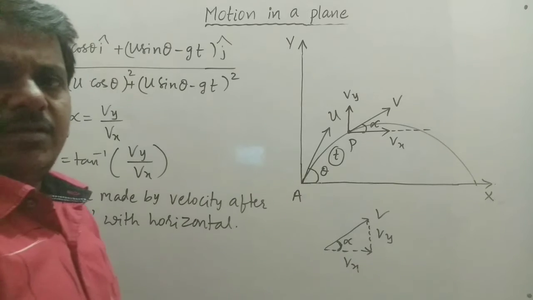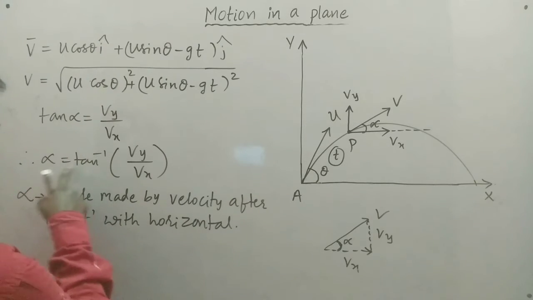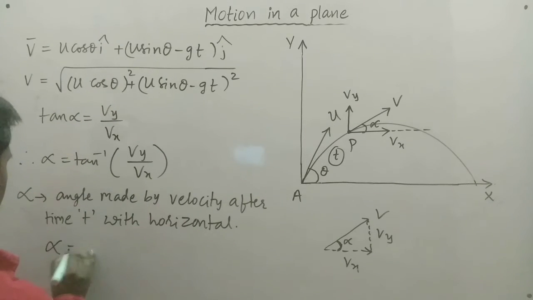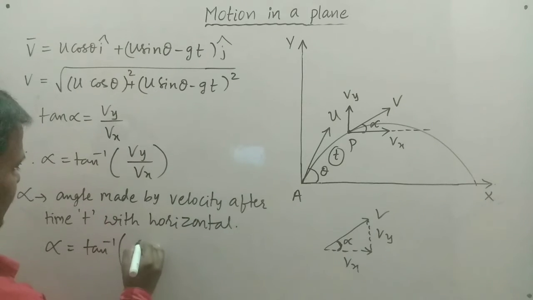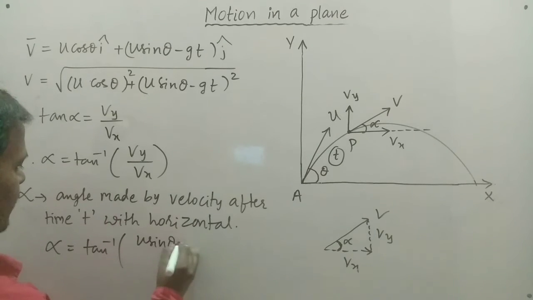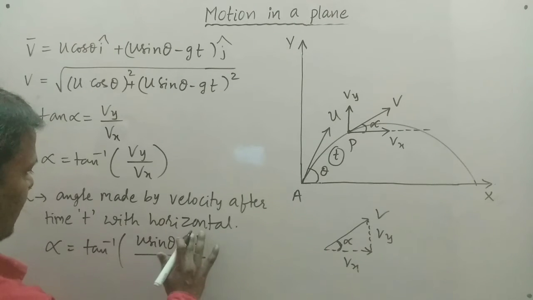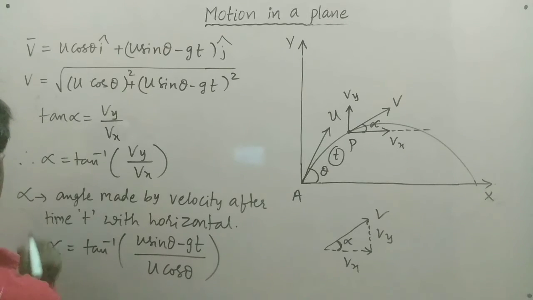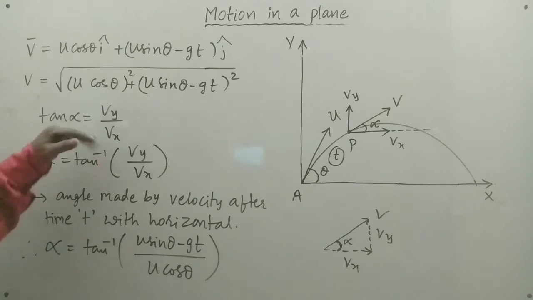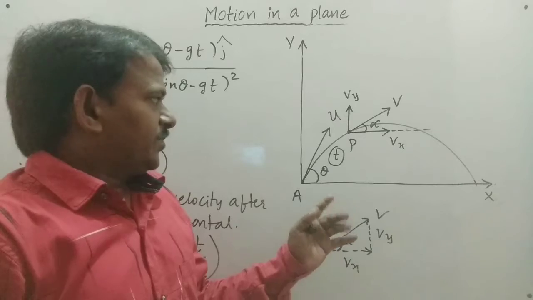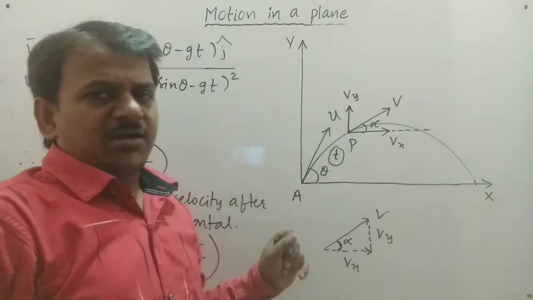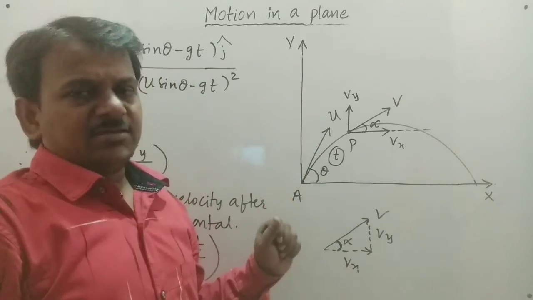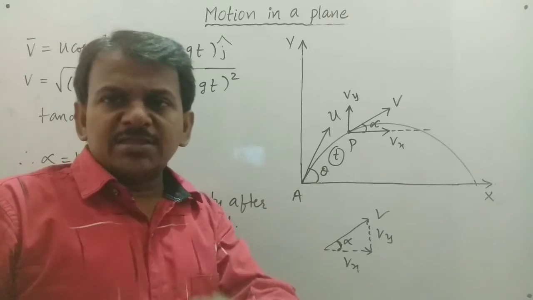Next, we can write the formula in a simplified manner: alpha is equal to tan inverse of (u sin theta minus gt) by (u cos theta), right? So this is the equation for alpha. Let us find maximum height, time of flight and range in the next board.